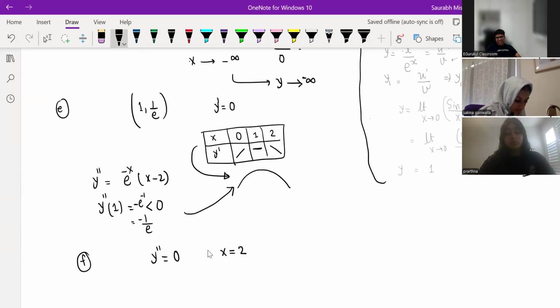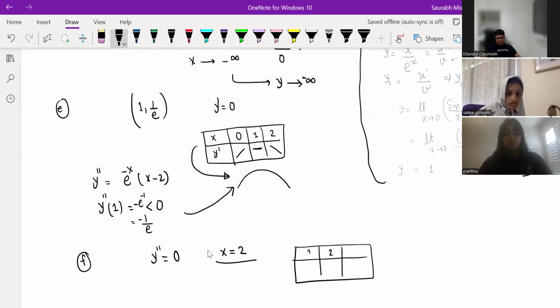But we need to see whether the sign of y double prime is changing at x is equal to 2 or not. That's what the condition is. So you get a point of inflection if y double prime x is 0 and it is changing sign at 2. So I'll look at 1, 2 and 3.